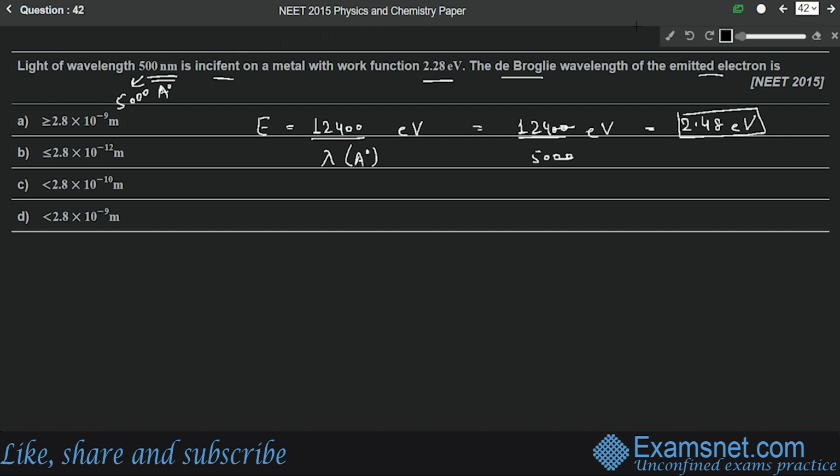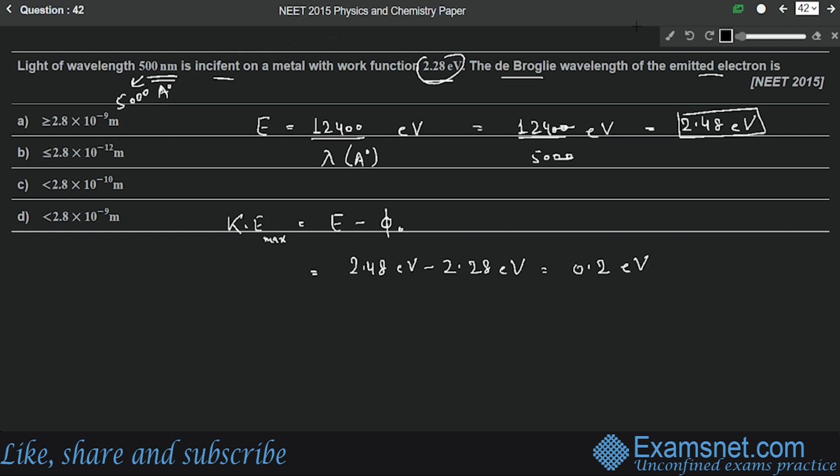Now we'll find the maximum kinetic energy. So the maximum kinetic energy is equal to the energy of this incident ray minus the work function phi naught. So 2.48 eV minus the work function that is given as 2.28 electron volt in this question. So when you subtract this, you'll get 0.2 electron volt.